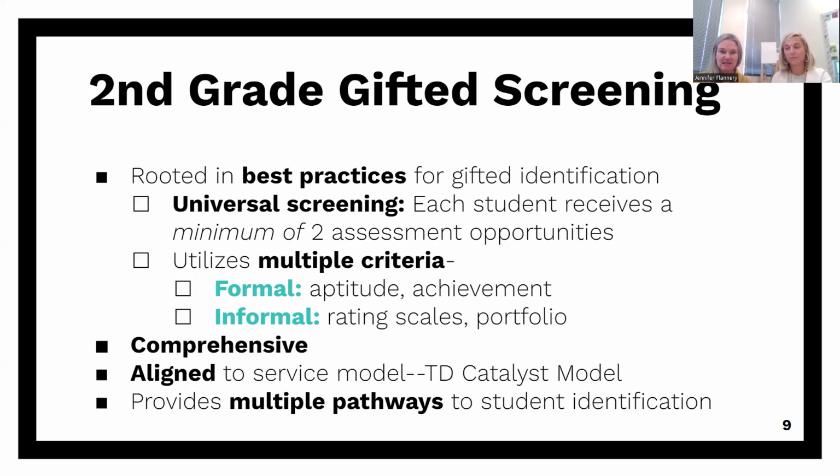So they'll take a formal assessment like the COGAT test or an Iowa test. And then our informal criteria would be a gifted rating scale done by the first grade teacher or the portfolio opportunity. These are comprehensive and they're aligned to our service model, which is the TD Catalyst model. And all of them are going to provide multiple pathways for student identification.